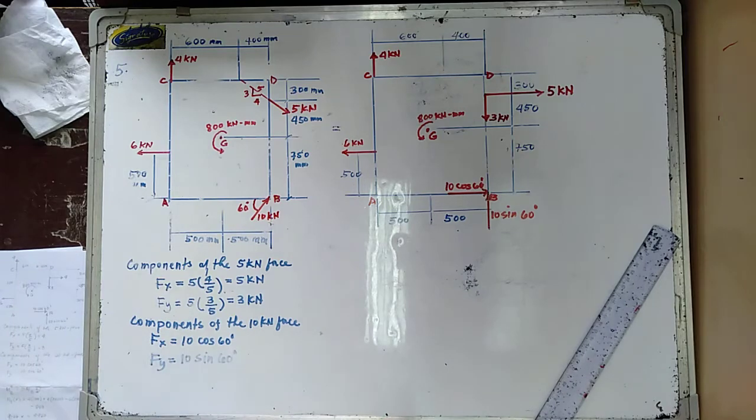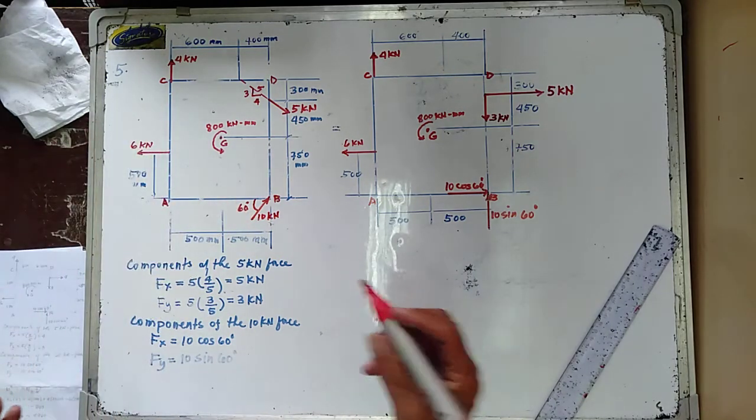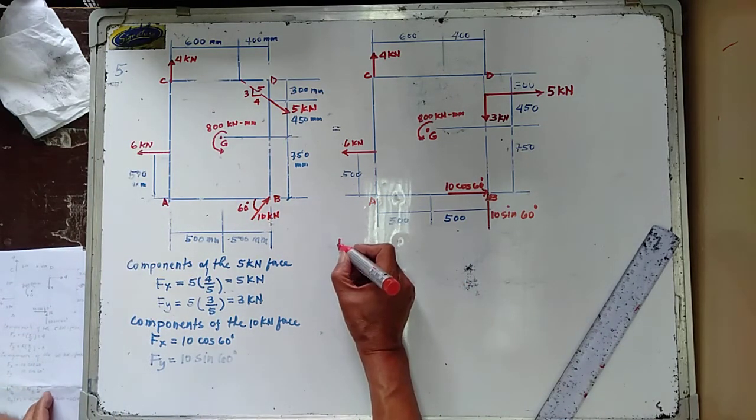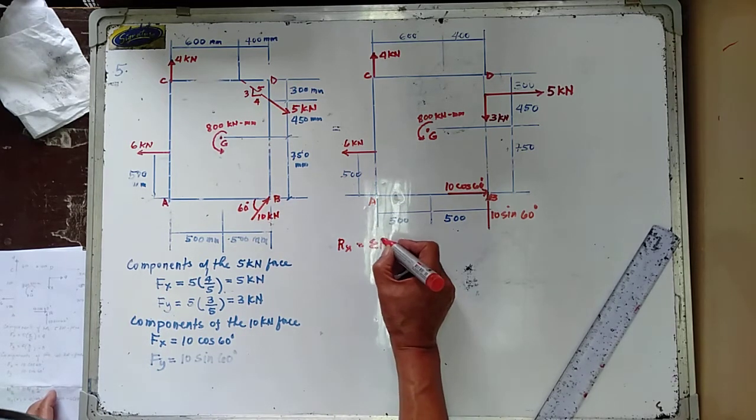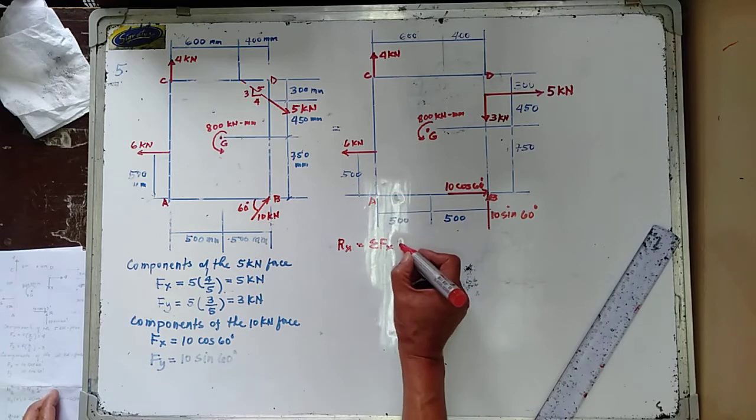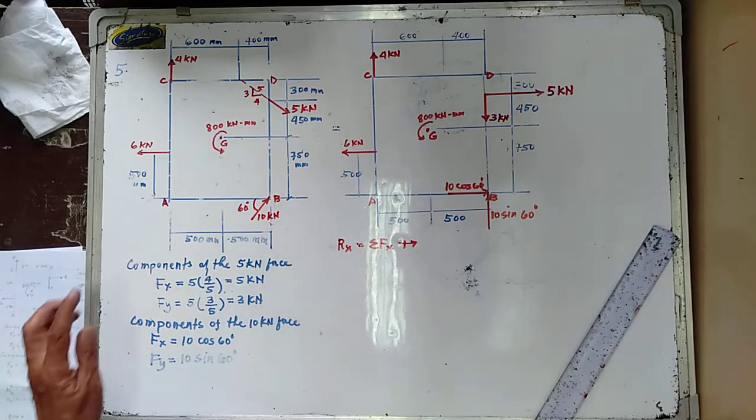So let us try to determine now the resultant of this force system as shown. Rx is equal to the summation of forces in the x direction, up to the right forces positive.